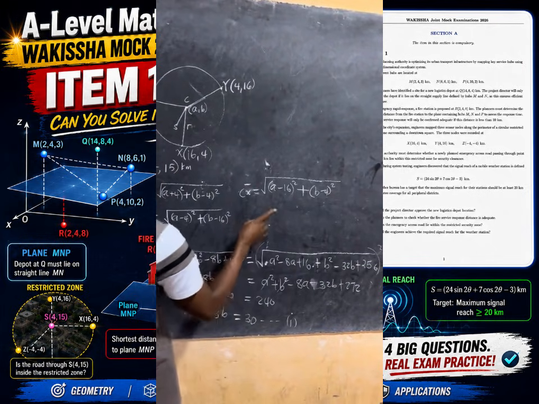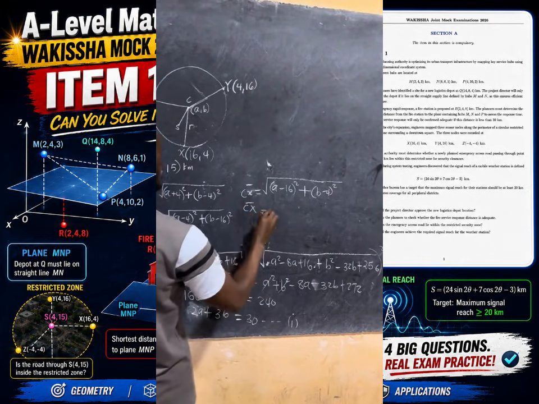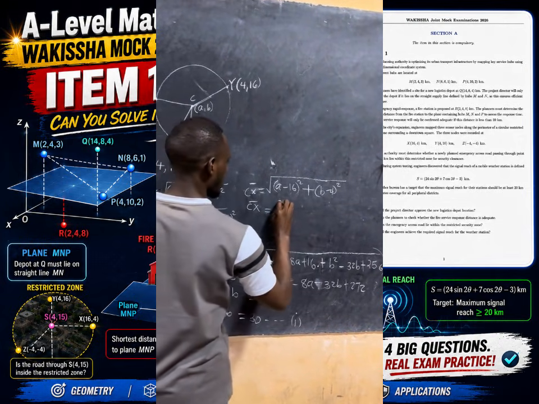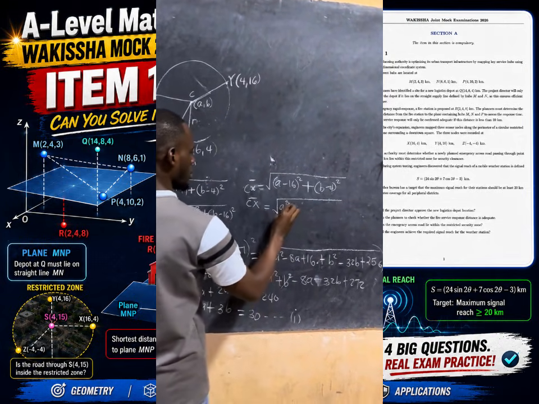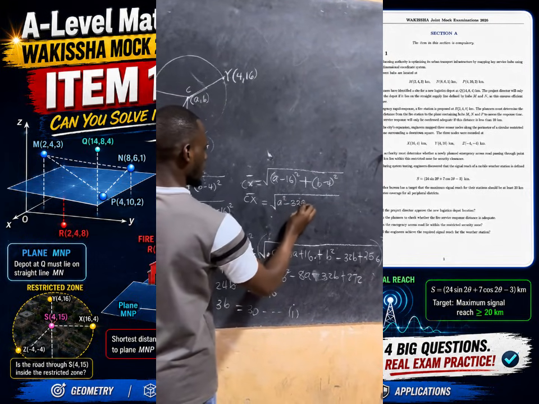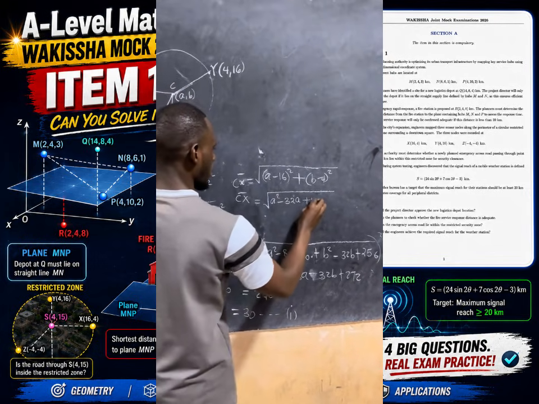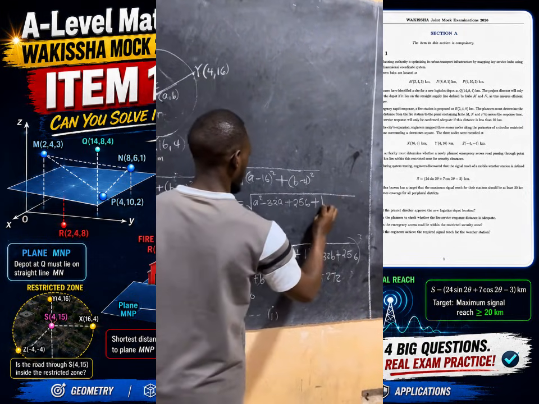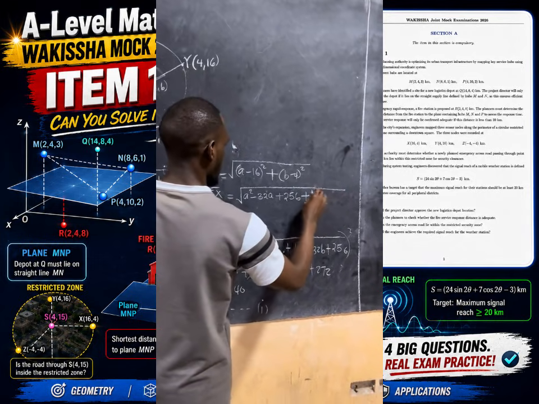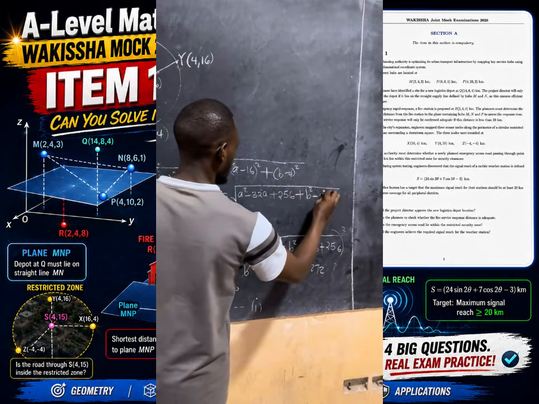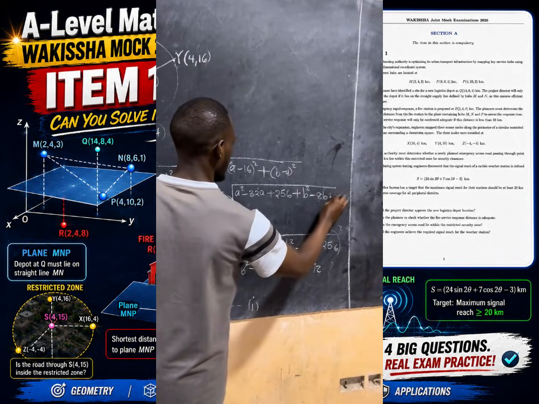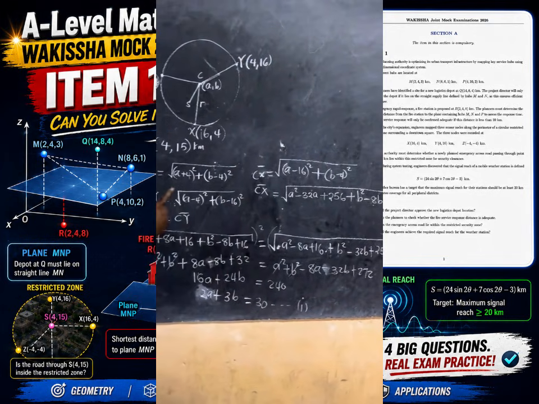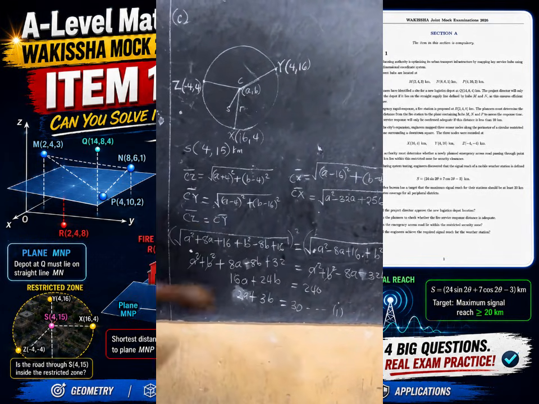Then I expand and try to simplify CX. I get the square root of a squared minus 32a plus 256 plus b squared minus 8b plus 16.